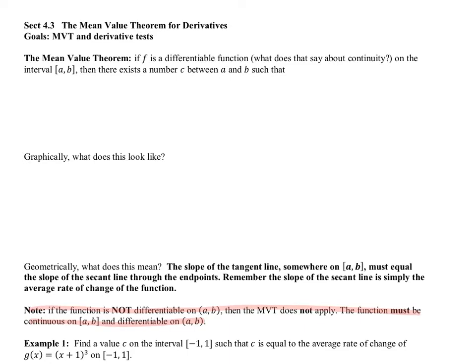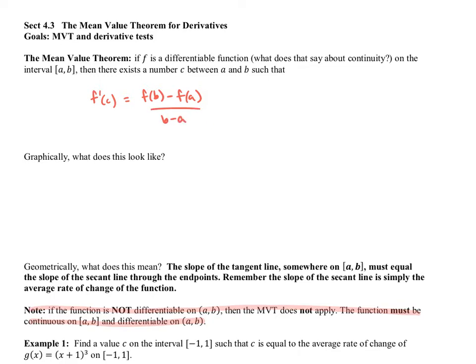So the theorem says that there exists a number c in between a and b, such that f prime of c is equal to f of b minus f of a divided by b minus a.